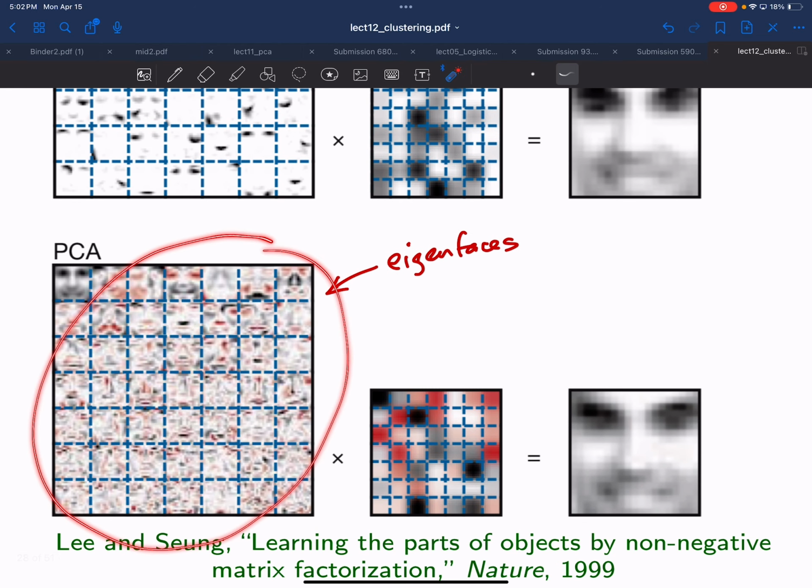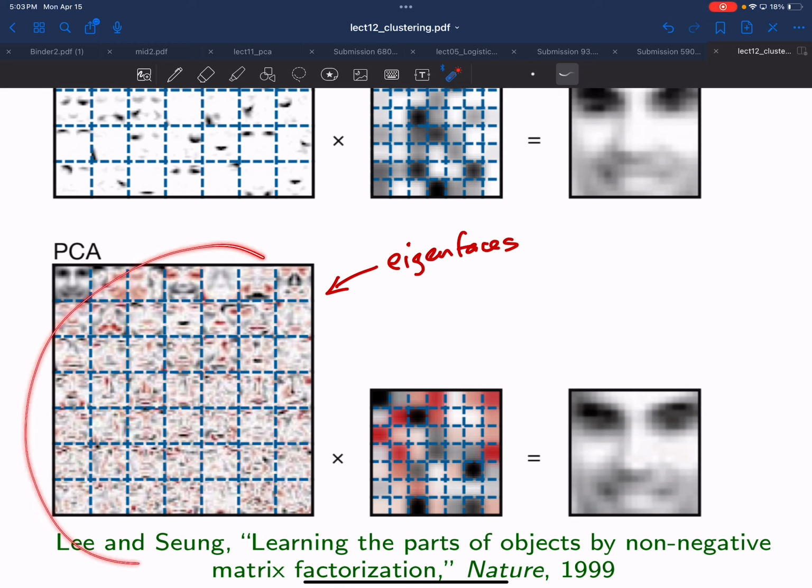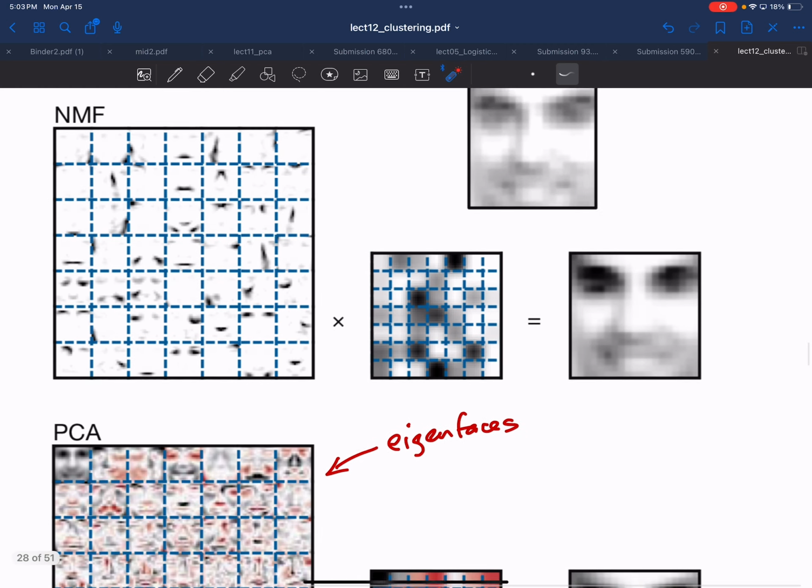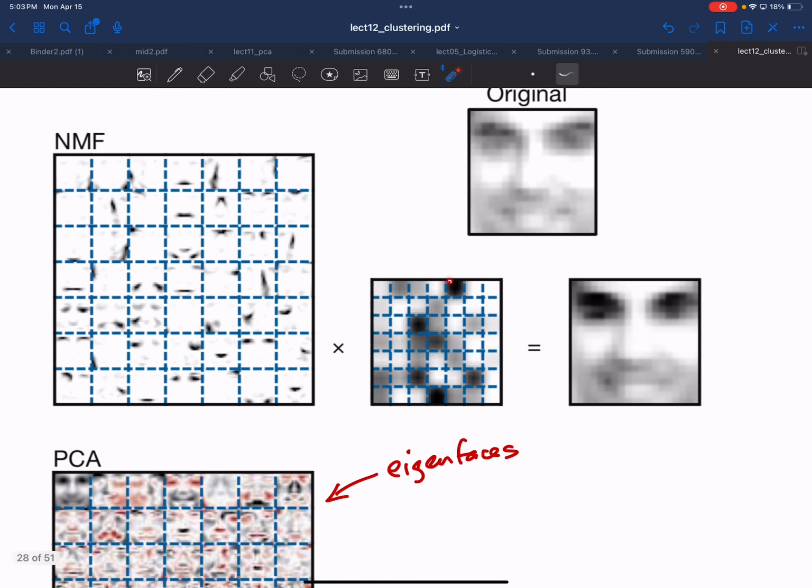You know that somehow these are all used, but all those pluses and minuses are canceling out, and it's very difficult to see how that's happening. Here, you can say, oh, okay, for this image, I basically took this with a high fraction, this with a high fraction, and I pieced those together to make this.